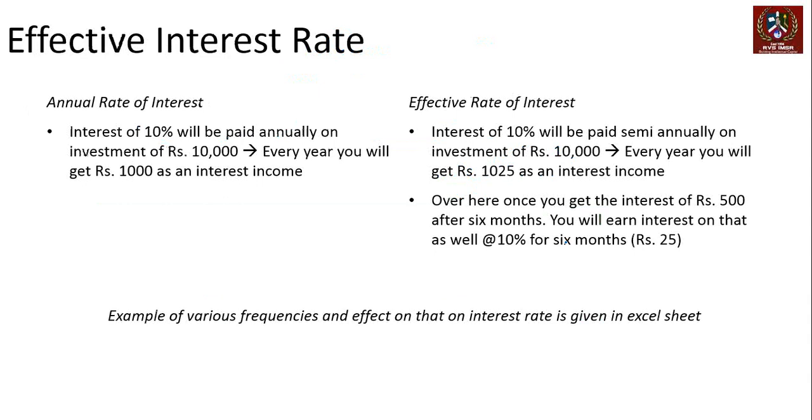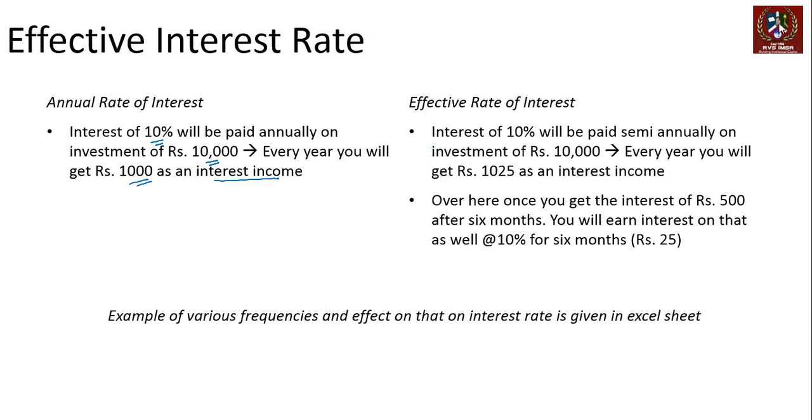So let's summarize what we have said. If we have an annual rate of interest of 10% on an investment of 10,000, every year we'll get rupees 1,000 as an interest income. Effective rate of interest, however, differs if the compounding frequency is more than once.